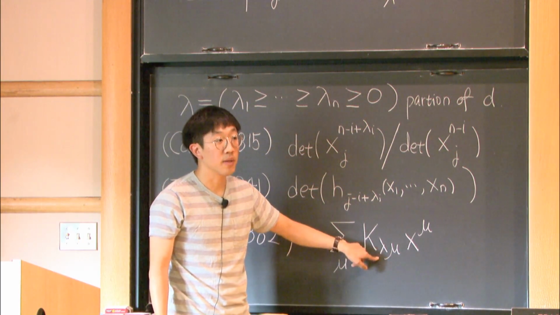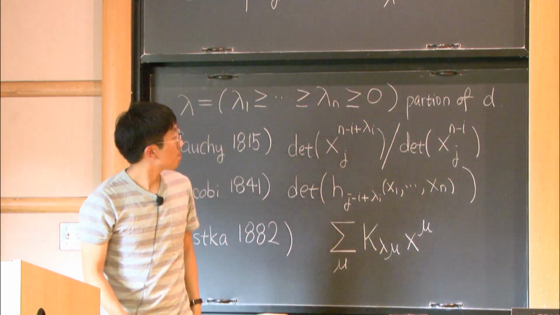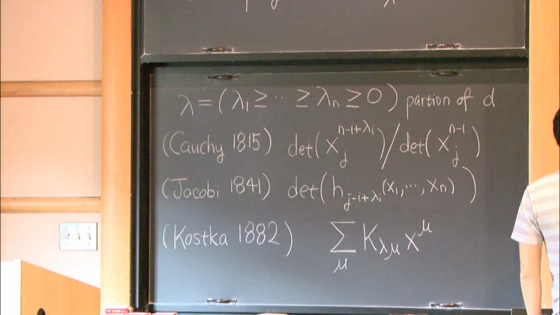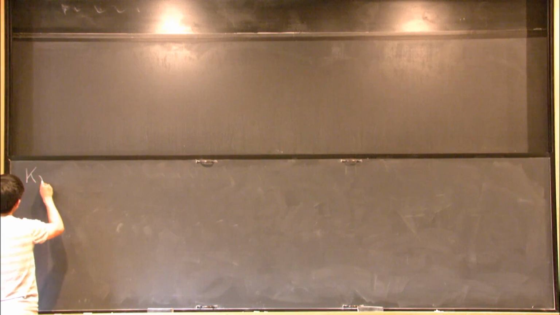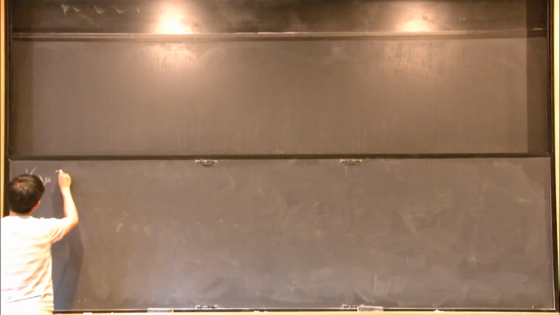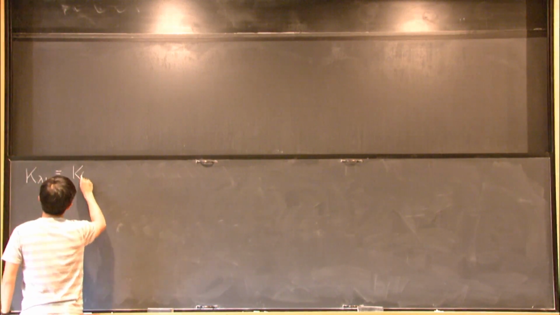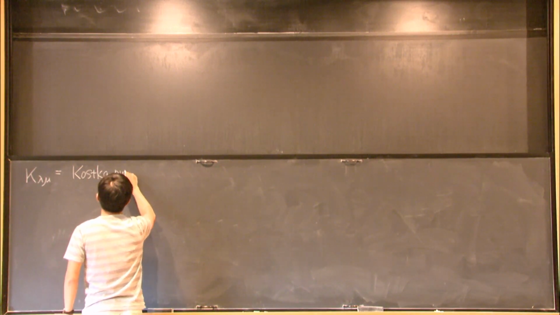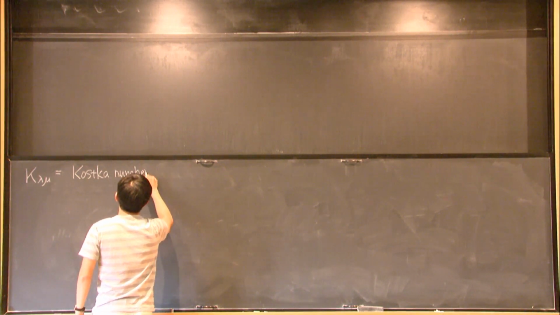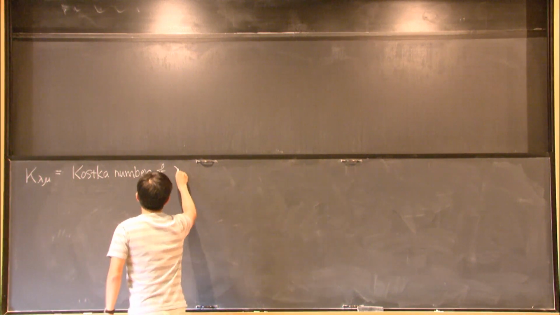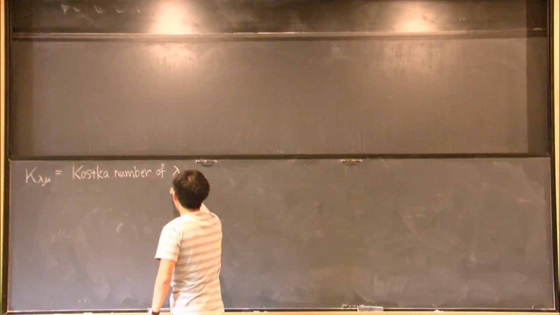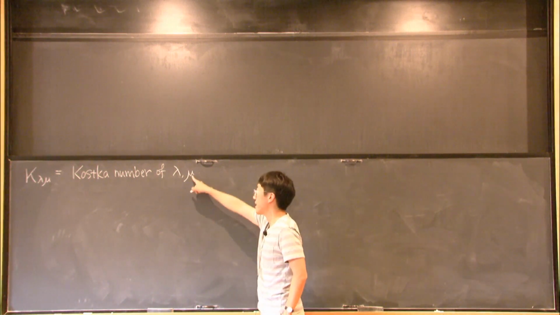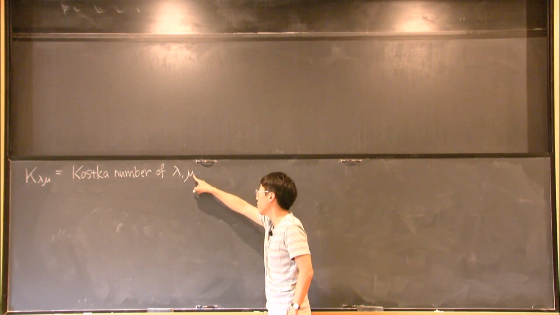And the question is, what are those numbers? So this K_{lambda mu} is what we now call the Kostka number, associated to a partition lambda and another integer vector, say a composition mu of the same number.